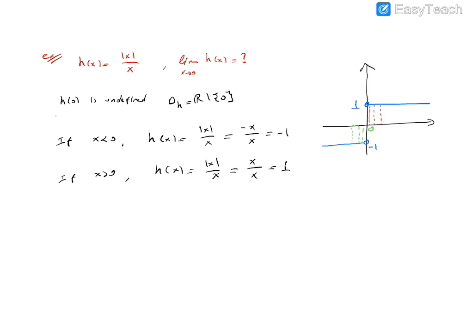So there is no unique limit value. So the limit as x goes to 0 of h of x does not exist. Why? When x is near 0 from the left side, the limit is minus 1. When x is close to 0 from the right side, the limit is 1. And these are not equal, so there is no limit.